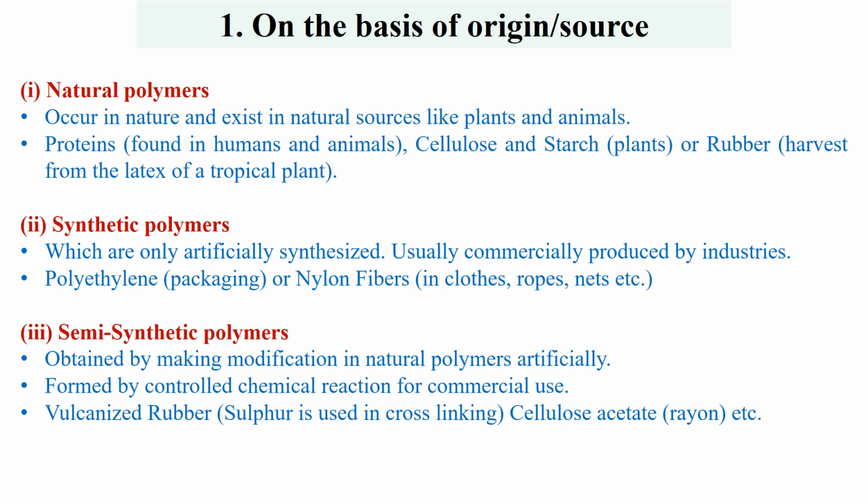These are artificially synthesized in the lab or on a commercial scale in industries. For example, polyethylene or nylon or polyurethane, etc. And sometimes there is a hybrid of natural and synthetic polymers, which can be called semi-synthetic polymers.